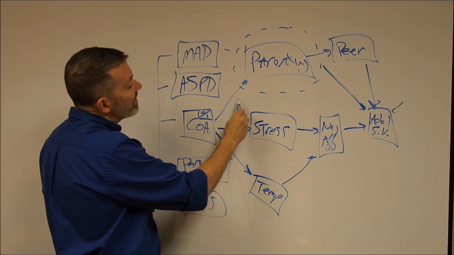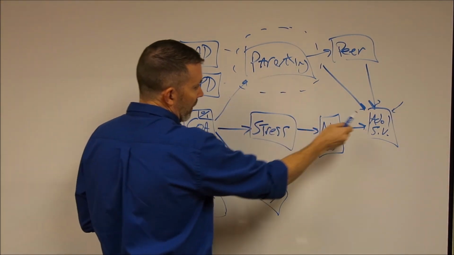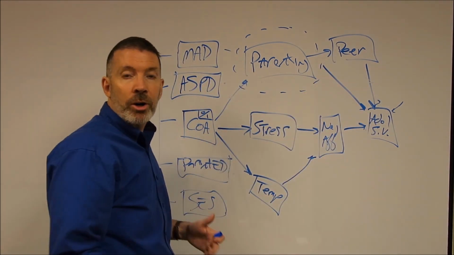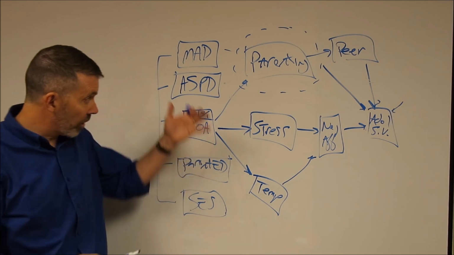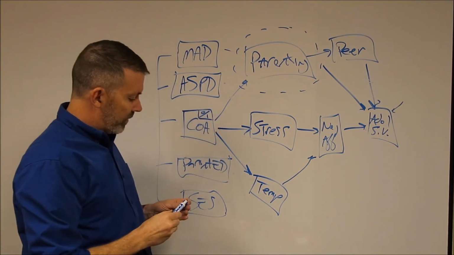And if so, might that weaken the mediated effect of alcoholism to parenting to peer to substance use, and so on. And there are a whole variety of interventions that have been designed that are based on this premise.